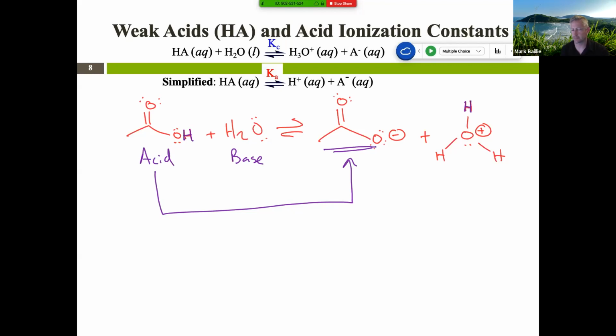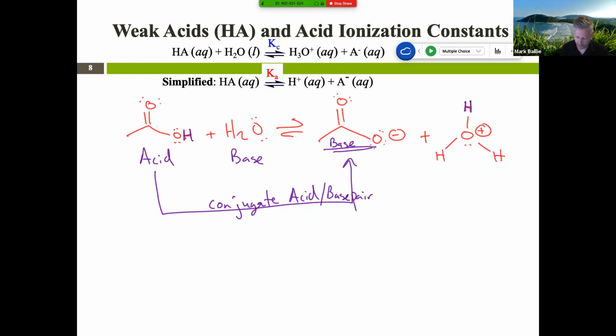Anyone want to volunteer? It's going to accept a proton. So what do we call that, an acid or a base? It's a base. So these two are called a conjugate acid-base pair. It's the same thing with and without an H plus ion.